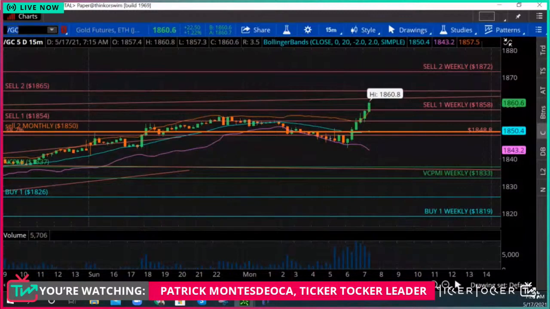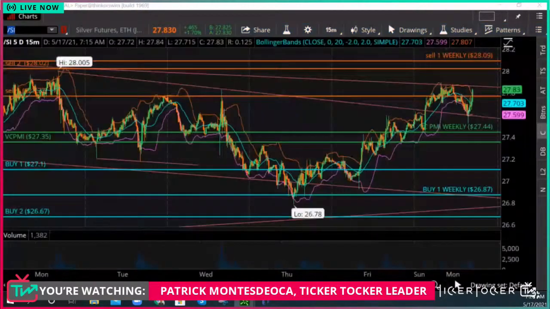$60.60 traded here, up $22.50 on gold, and we got the silver back up above 77 at 83. Pretty strong day, completing targets into the distribution area of supply.